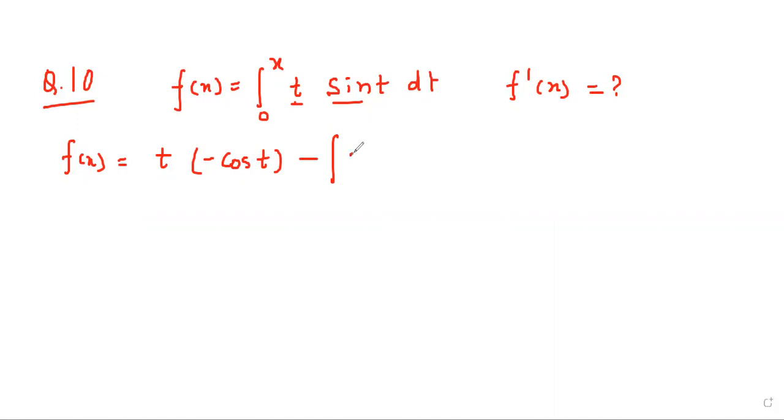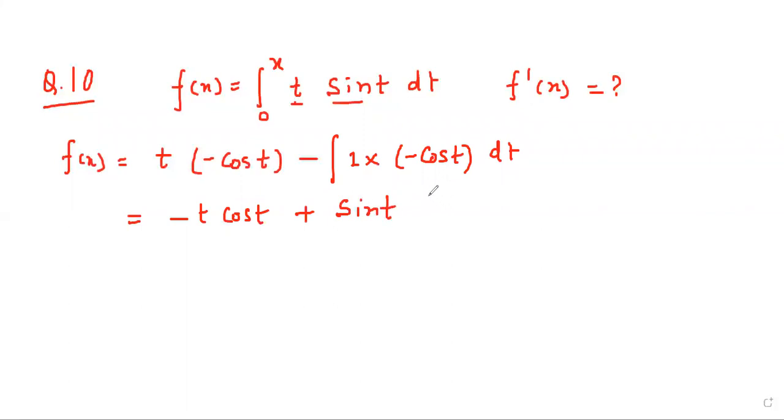So differentiation of t will give 1 and integration of sin t will give minus cos t. Then dt. I'm not putting limits. Let's evaluate first and after that we will put the limit. Minus t cos t minus, here this will become plus and integration of cos t will give sin t.